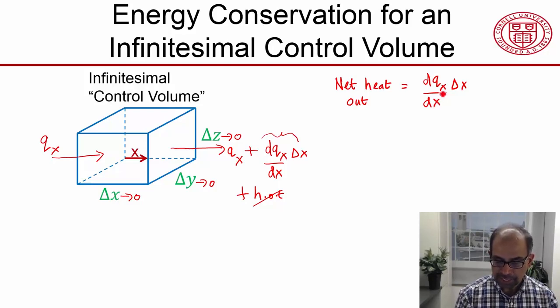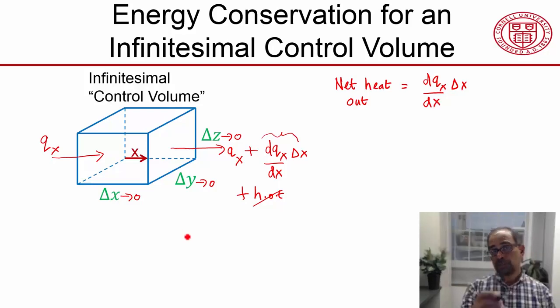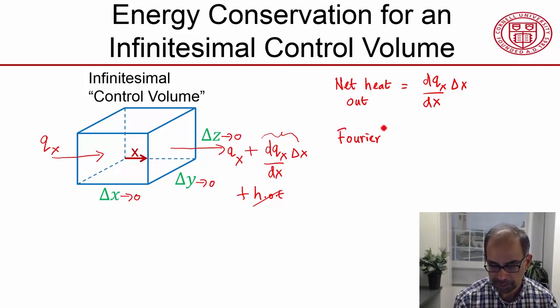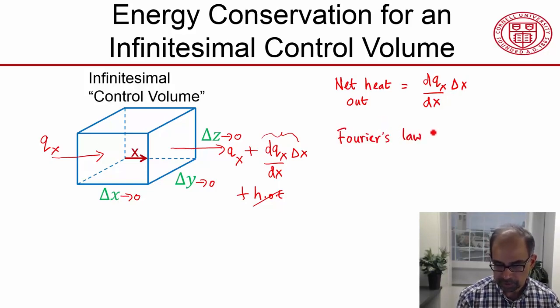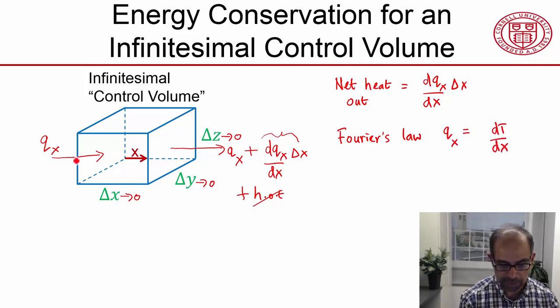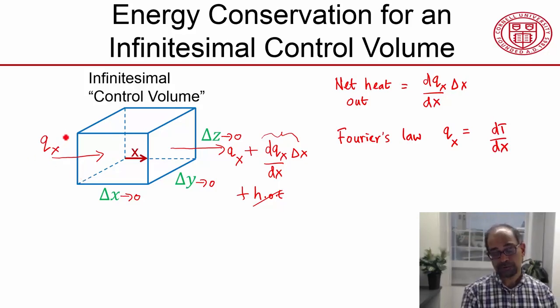Now I can relate that to the temperature using Fourier's law. Many of you should have seen this before. It's the foundation of heat conduction, which says that the heat flow is proportional to the temperature gradient. If the temperature gradient was larger here, you'd get more heat flow.